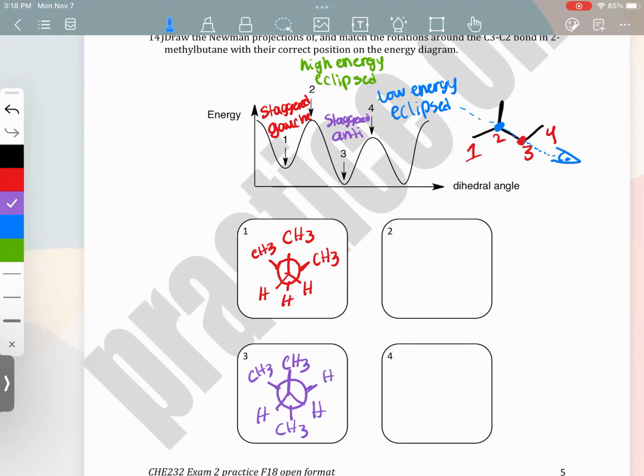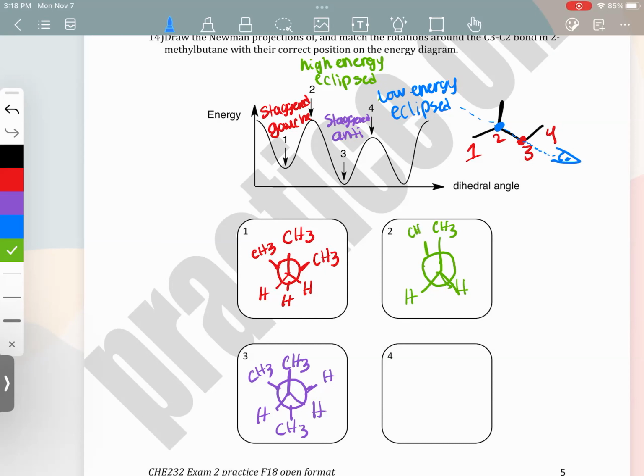2 is the high energy eclipse. So the first carbon stays the same. That's all facing up, 2 hydrogens. Now, where are the 2 methyls on the back carbon going to go? One near the CH3, right?